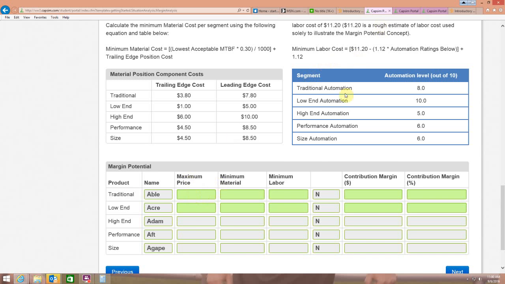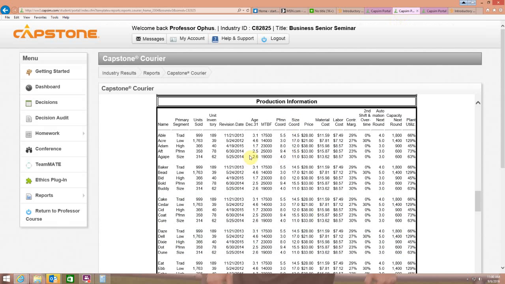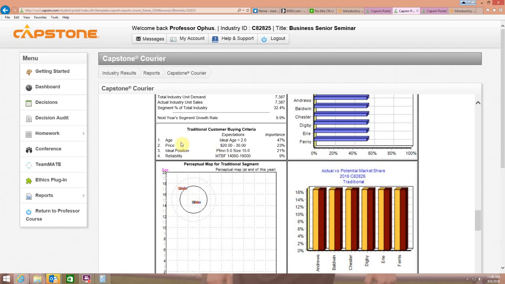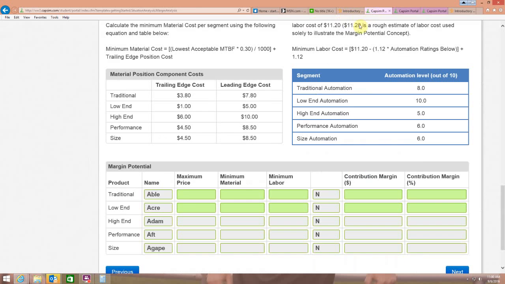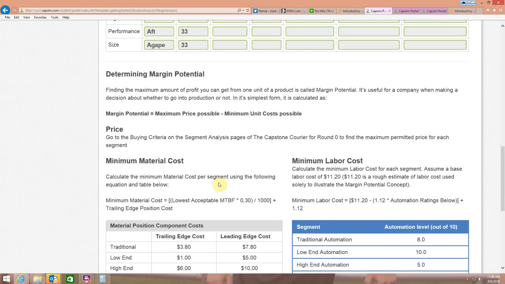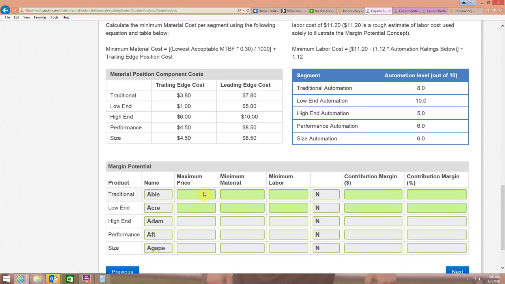When we look at our segment analysis on the Courier here, it tells us the maximum price that the customers are willing to spend. On the traditional one, the maximum that they're willing to spend is 30 bucks. So we can just feed that in. I don't know if it gives it to us up here. I don't think so. So let's put in that $30.